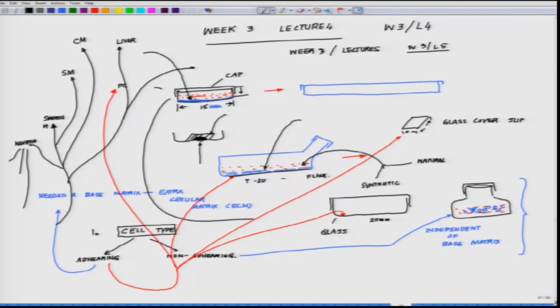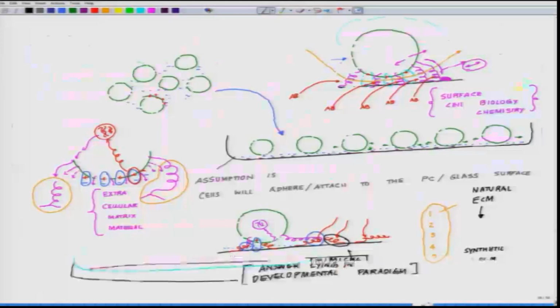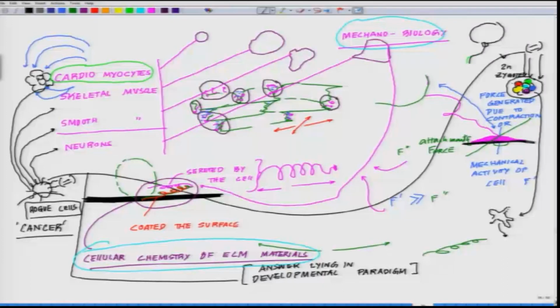Is it pancreatic cells? This list can go on and on. What is important for you to understand is that individual cell types have an individual ECM, barring those which become rogue.